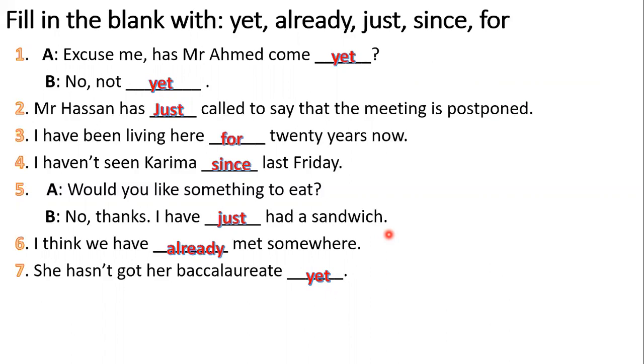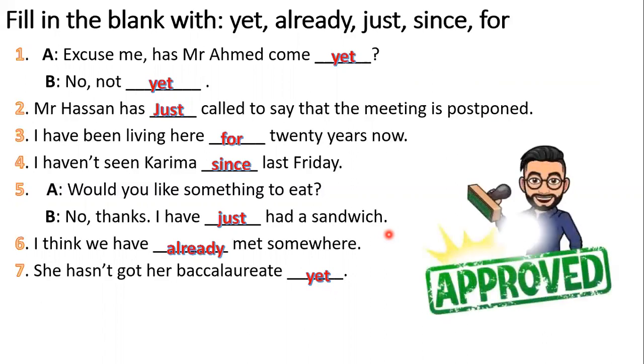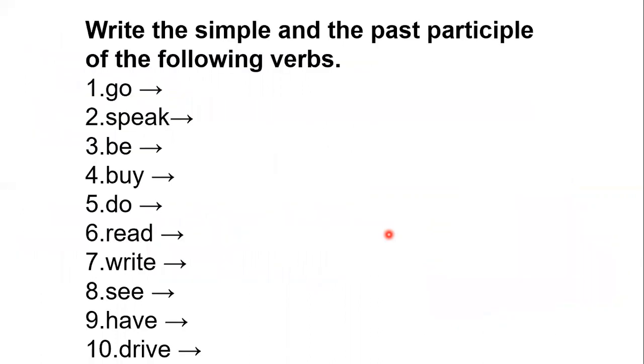So let's continue. This is the correction. Don't worry, we're almost done. I hope that you had a little pause, had something to eat, to drink, rested a bit, came back, so you are fresh. Now, what I want you to do is to write the past simple and the past participle of the following verbs.